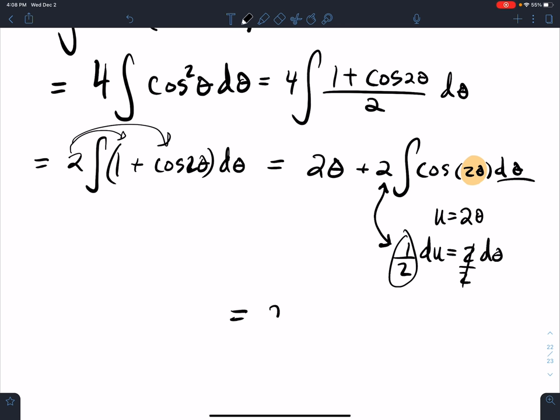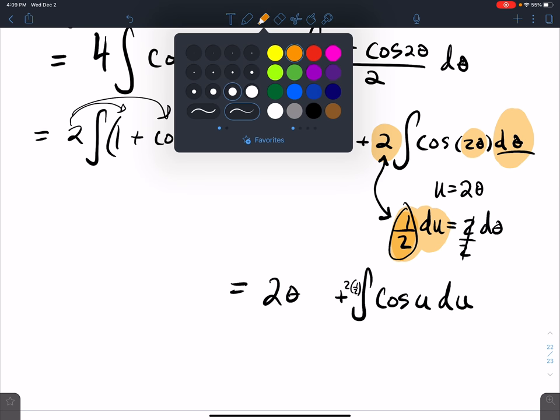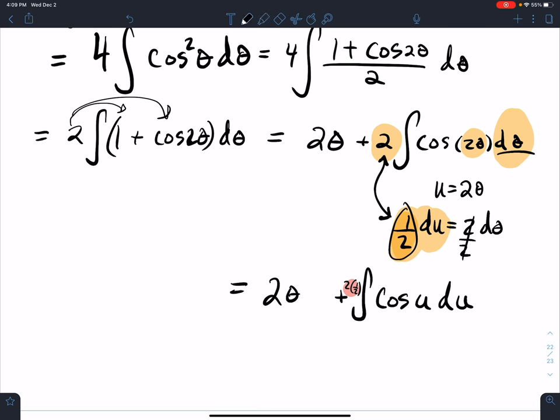So really this is just going to be my integral cosine u du. You see how this d theta here gets replaced with 1/2 d theta, but the 1/2 cancels with this 2 out in front. Really, you've got 2 times 1/2, but those cancel each other. They just cancel out.